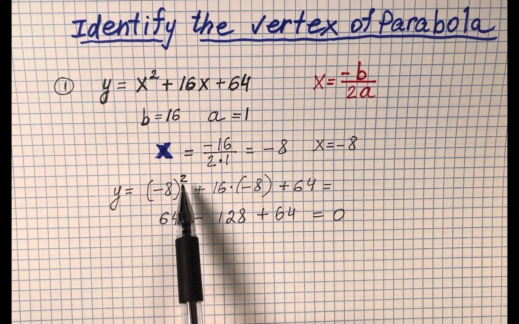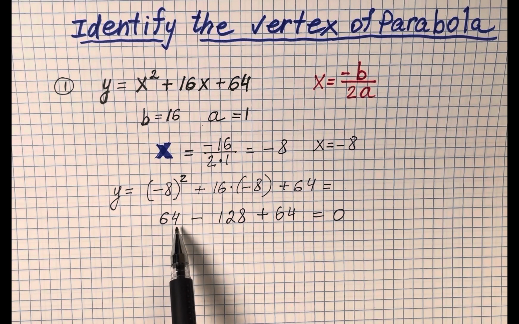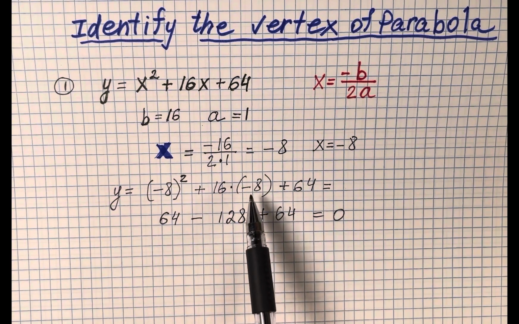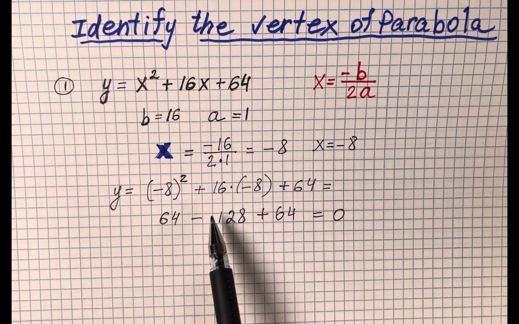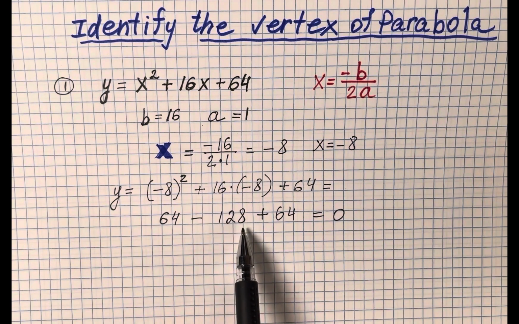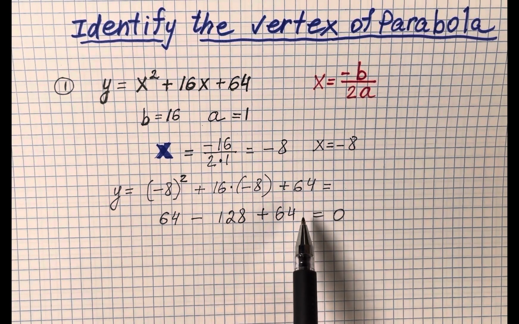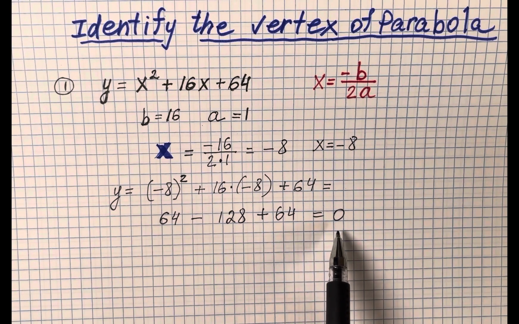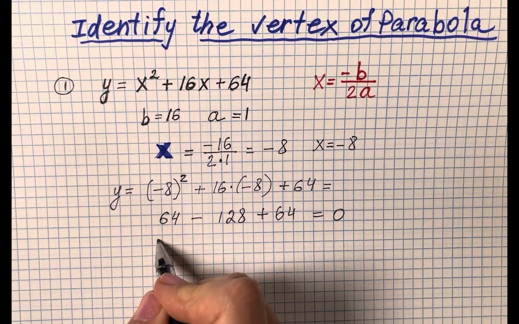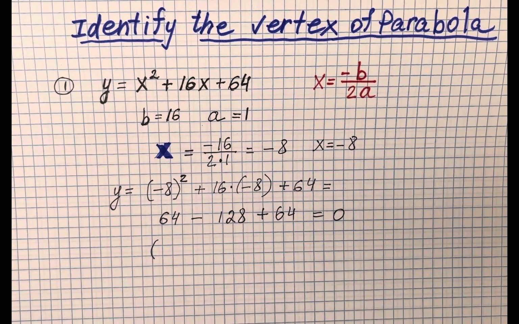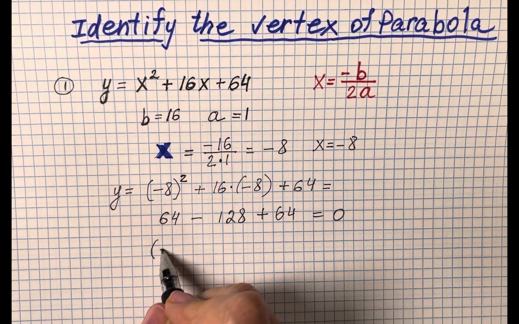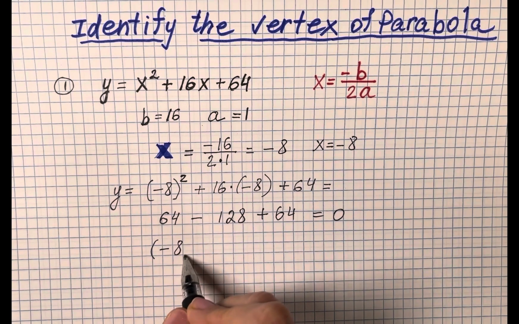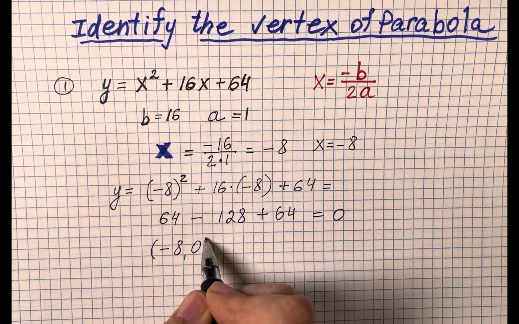So negative 8 squared is positive 64. Negative 8 times 16 gives us negative 128, plus 64, and it adds up to 0. So the answer: the vertex for this particular parabola is located at the point negative 8 and 0.